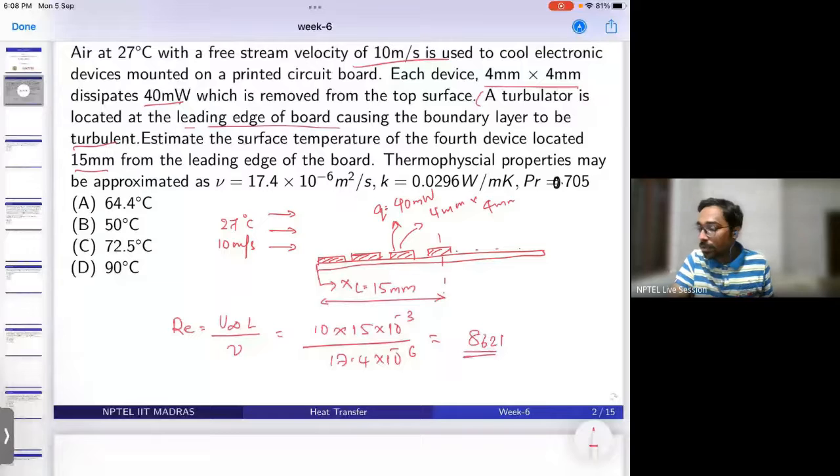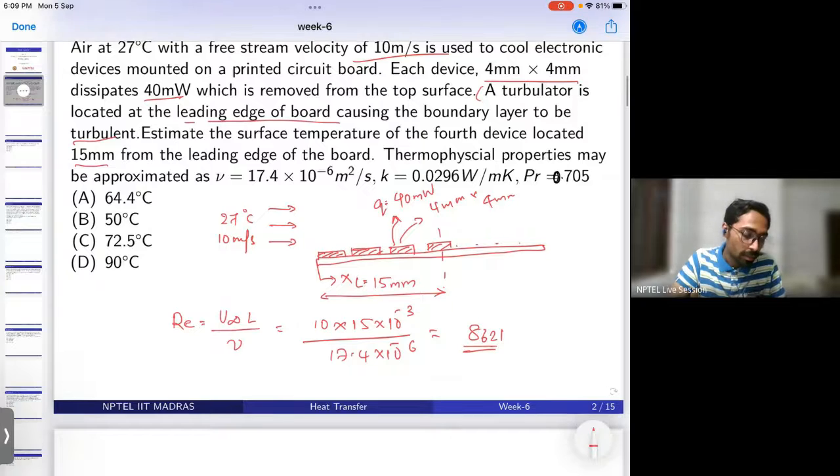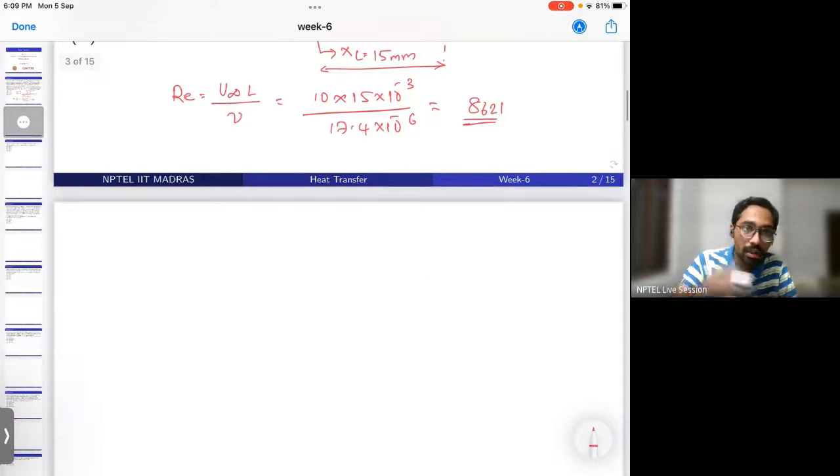But actually we are asked to find out that the flow is entirely turbulent from the beginning itself. So we need to use the turbulent boundary layer equations. So what is the expression for turbulent heat transfer at any location?